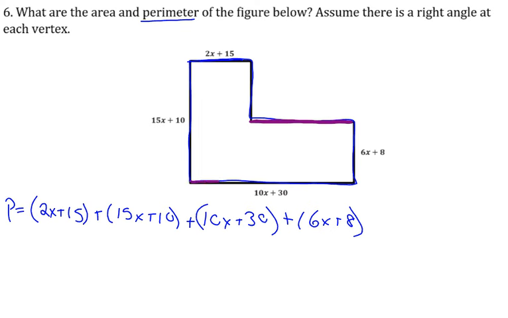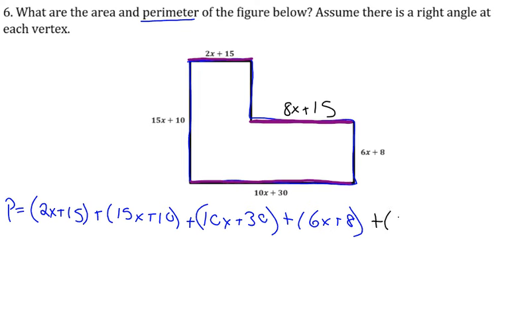Well, this whole side is 10x plus 30. This little piece is 2x plus 15, so what's missing there? This side has to be 8x plus 15, because those two purple sides on the top have to add to that bottom side.